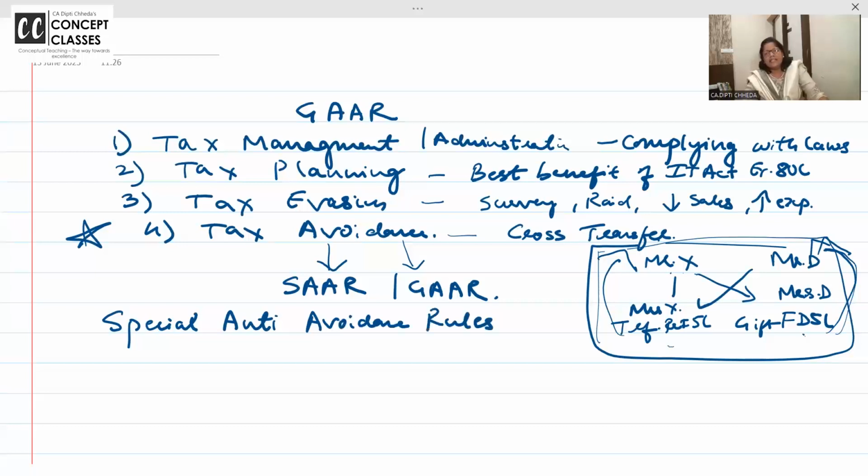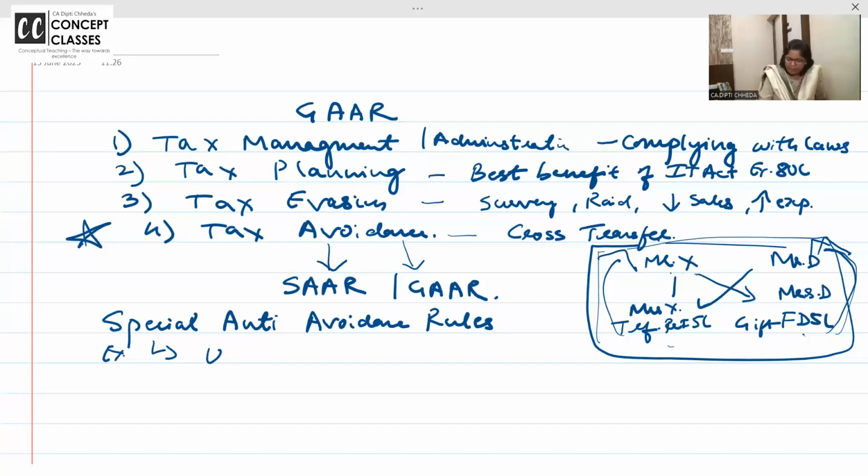SAR. What is SAR actually? To avoid these kind of the transfers, they said that if it is seen that these are cross transfers, it will become taxable. Okay.